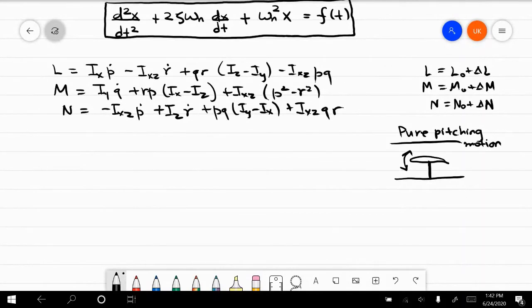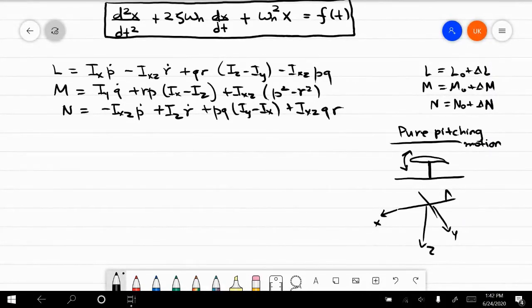So first thing to note, again, to emphasize, is that this is a pure pitching motion, meaning only motion about the y-axis is allowed. So if you imagine the aircraft, this is the x-axis, this is the y-axis, and this is the z-axis.